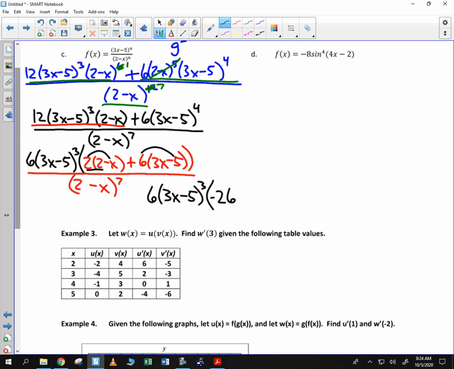And then 2 times negative x is negative 2x, and this would be 18x or 16x. Or you could write 16x minus 26, all over 2 minus x raised to the 7th power. If you wanted to, you could factor out another additional 2 out of that if you wanted to.